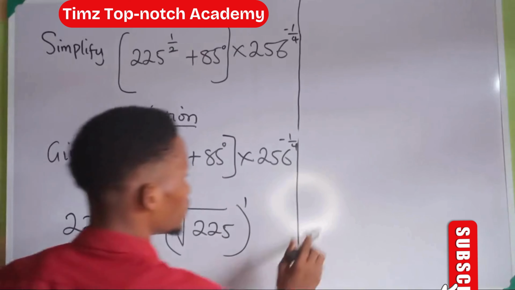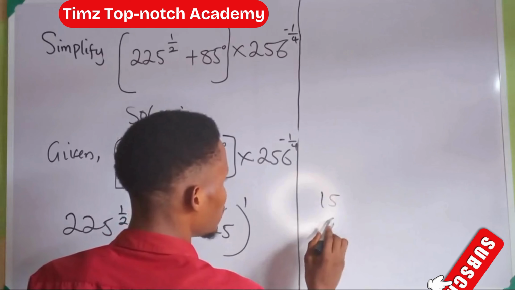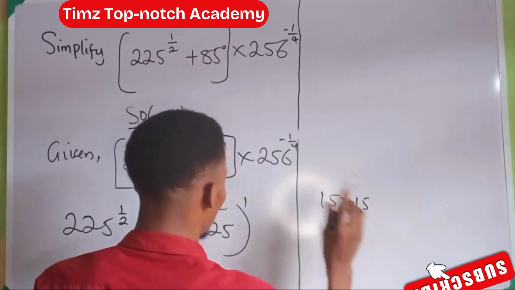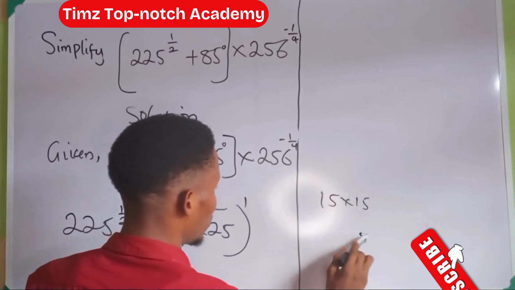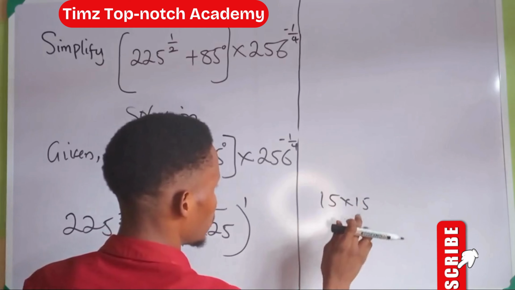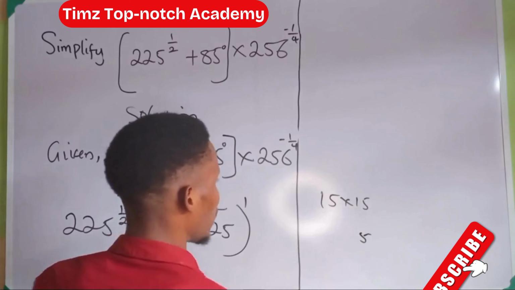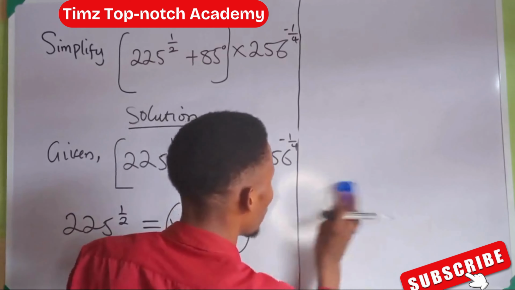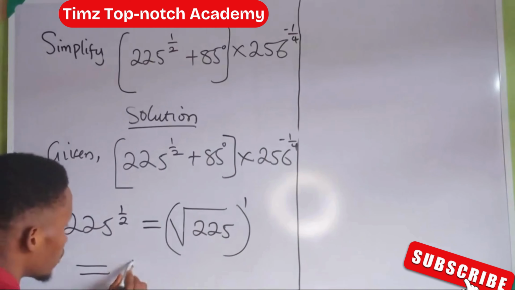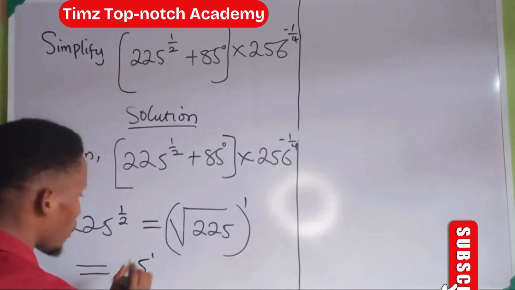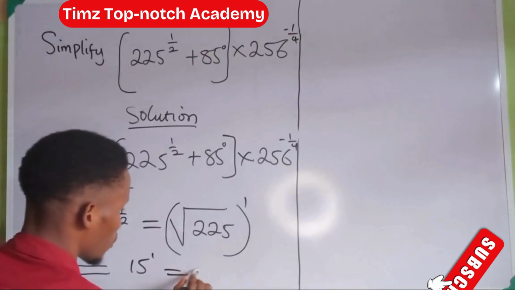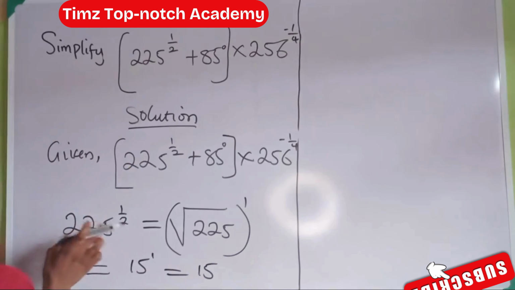I think it should be 15. 15 times 15, okay. This times this is 5. This times this plus 2. That is 15. So the square root of this is 15. That is now 15 raised to power 1, which is the same as 15. That is what we got from here.